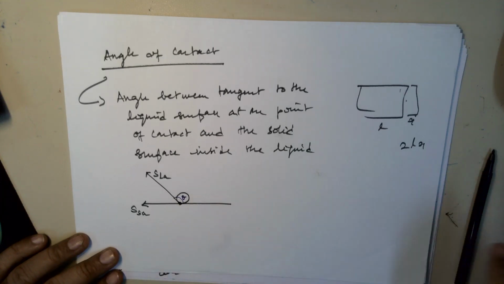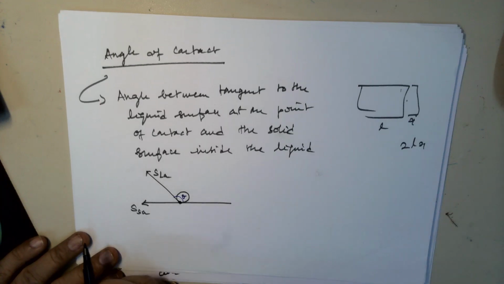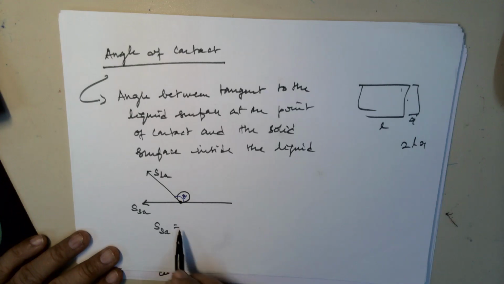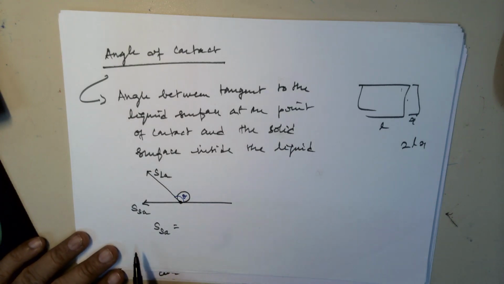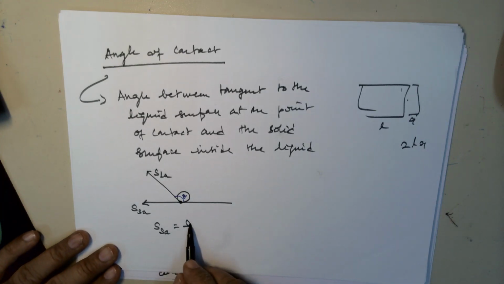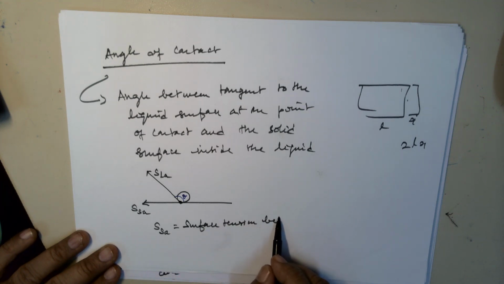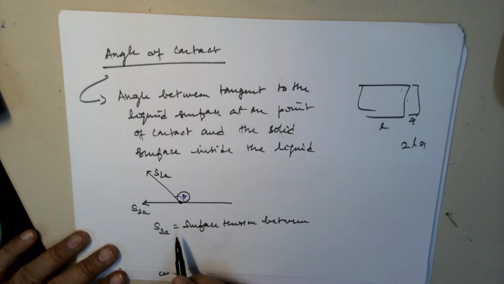Okay, this is theta. Now what is SA? SA is the surface tension between solid and air.